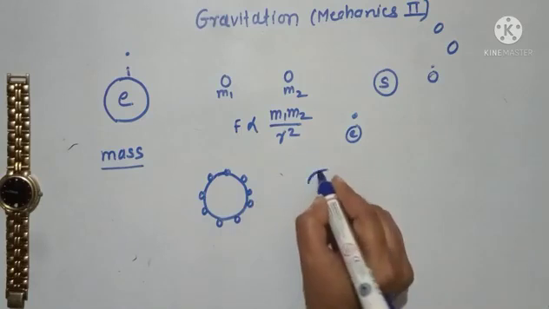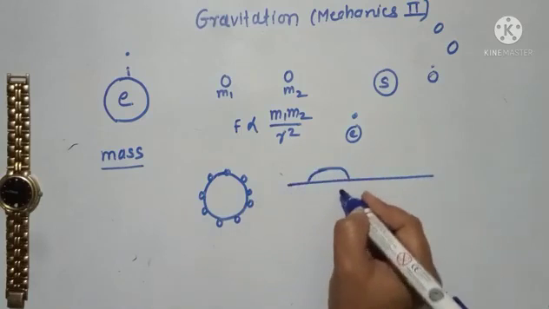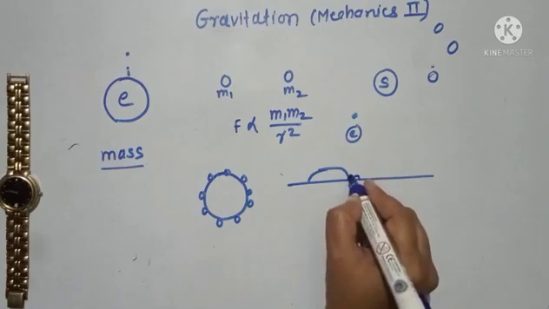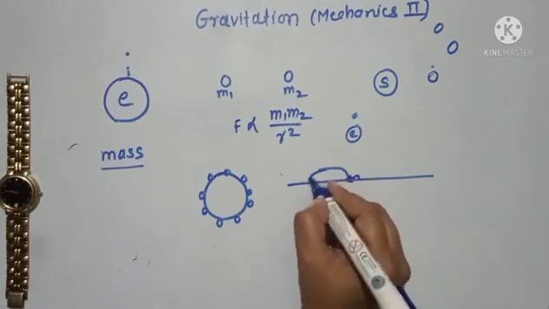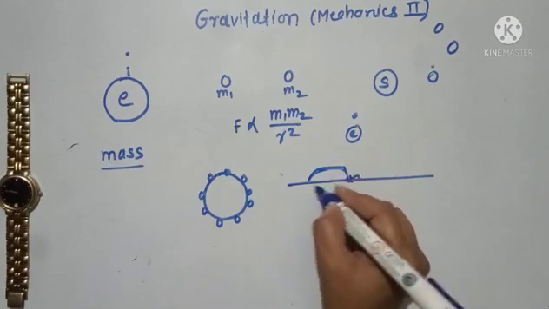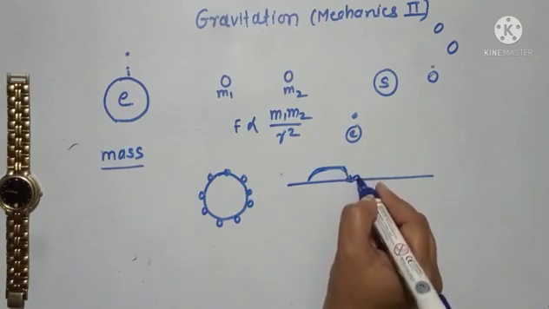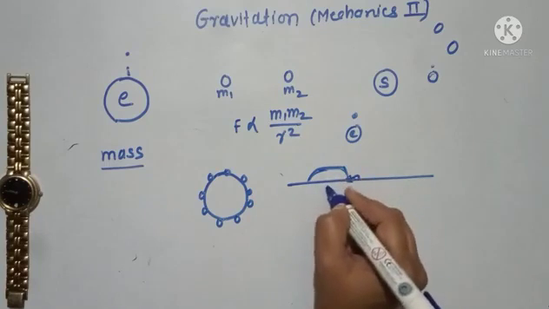If you take a bigger liquid drop on any surface and put a small drop near it, it will get attracted to it. This is also because the mass of the bigger drop is greater, so its gravitational pull will be greater than that of the smaller drop, and the smaller drop gets attracted towards the bigger drop.